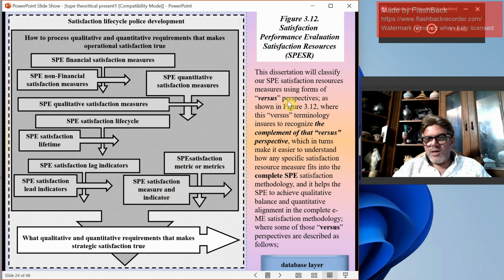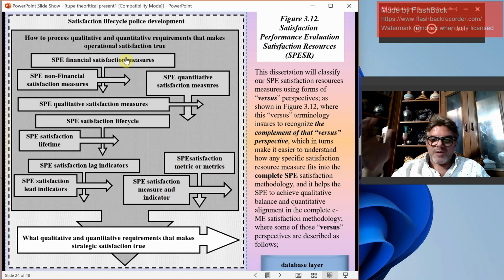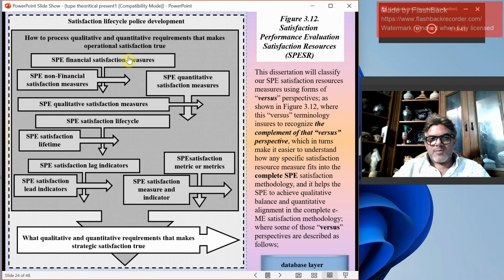Why this versus? As shown, the versus terminology ensures we recognize the complement of that versus perspective. Now let's say this is a perspective. Now this is a lifetime. How can I have a semantic meaning between a lifetime and a life cycle? I have to have the versus perspective, because the versus perspective gives me a life cycle, because this lifetime is the complement of the versus perspective.